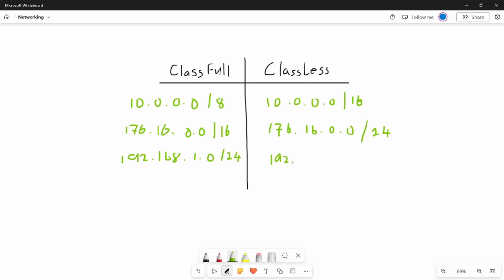The 192.168.1.0 here uses 28 as its subnet mask. So it doesn't use the default class C subnet mask, so we can consider it as a classless IP address. I hope you are clear on what a classful IP address and a classless IP address are.